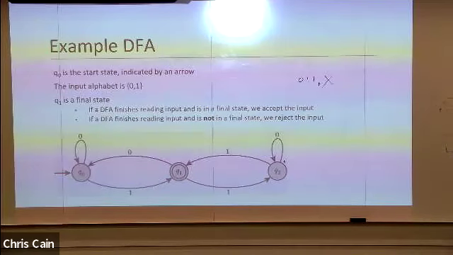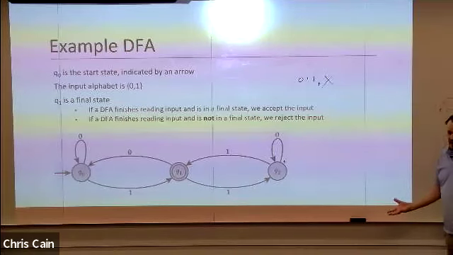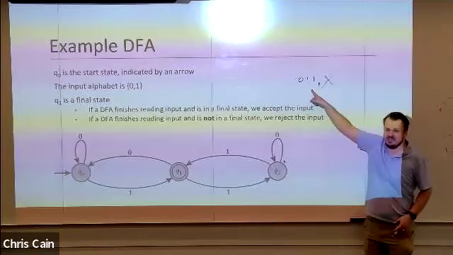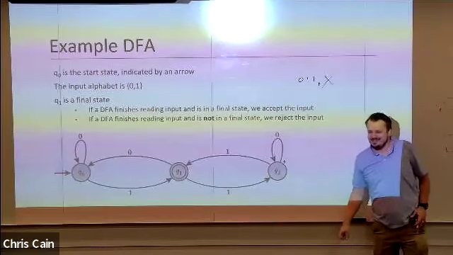The next question that I might ask you is a lot more abstract. So does everyone understand how to parse an input string with one of these? What language does this DFA accept? Binary. It's some binary, but it's not all binary, because this is a binary string, right? And it gets rejected.